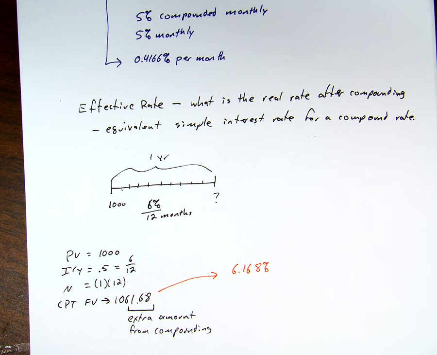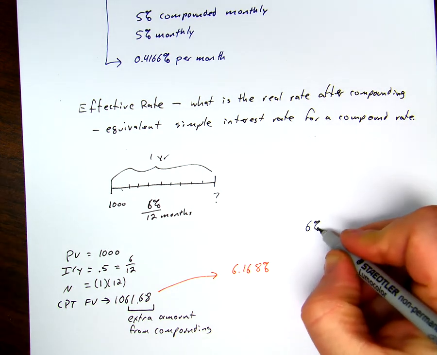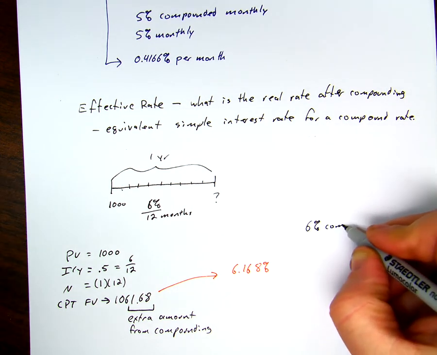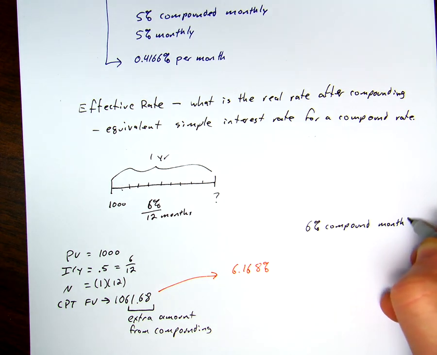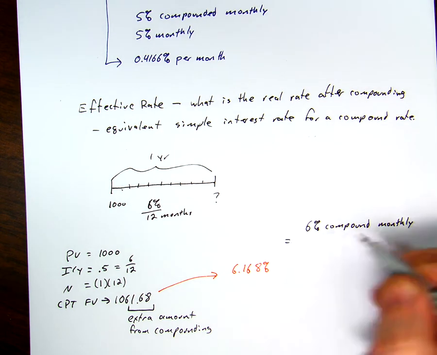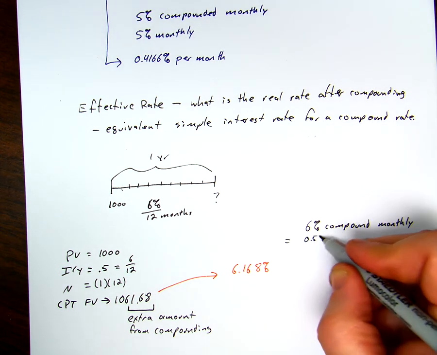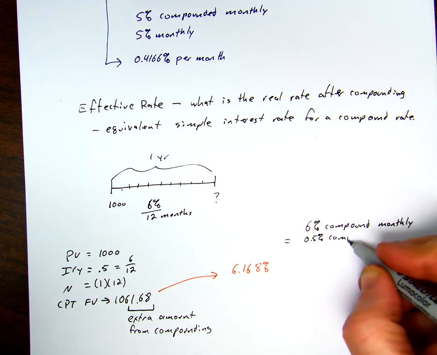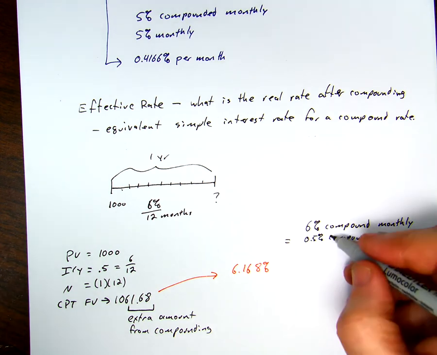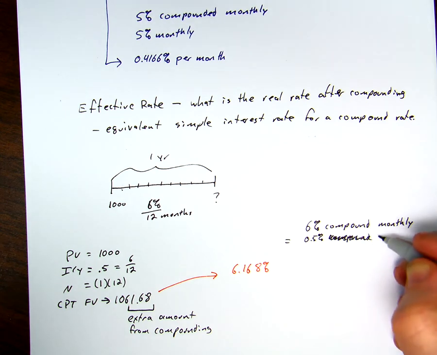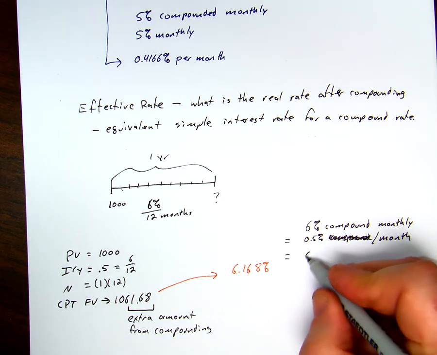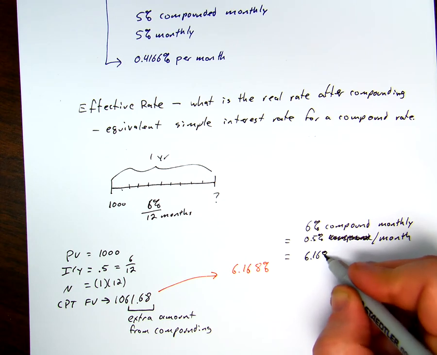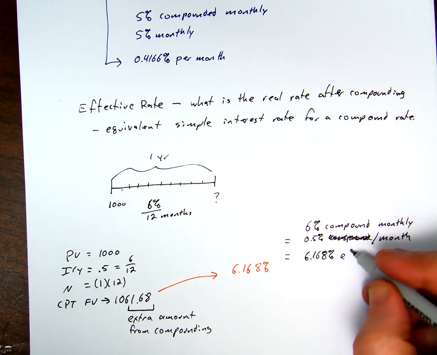So in this case, we would say 6% compounded monthly is equivalent to 0.5% per month, on a monthly basis, our periodic basis, which is equal to 6.168% as an effective rate.